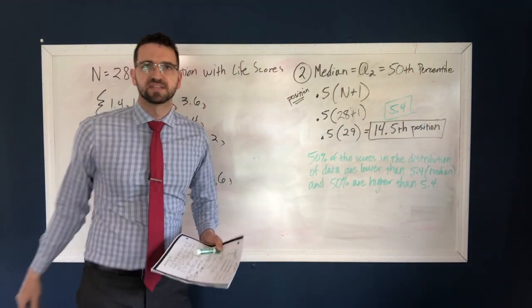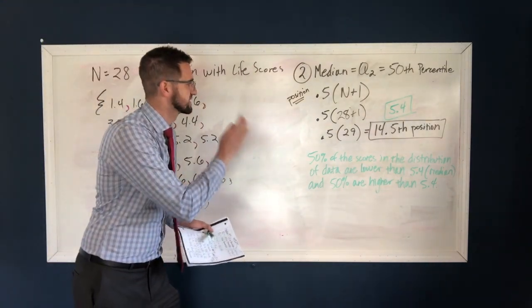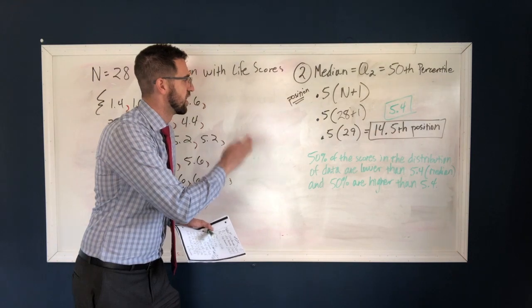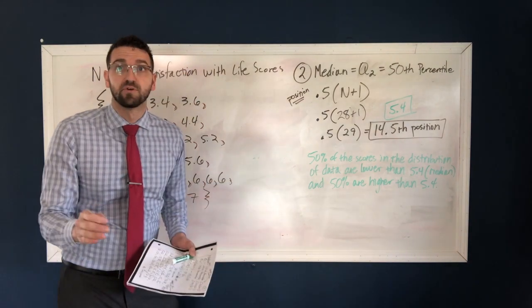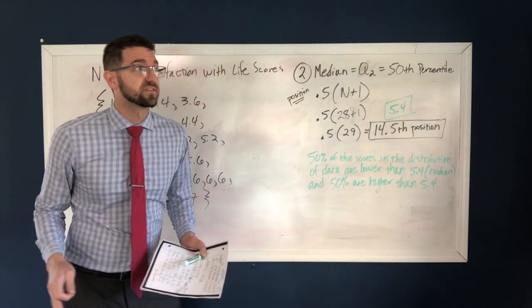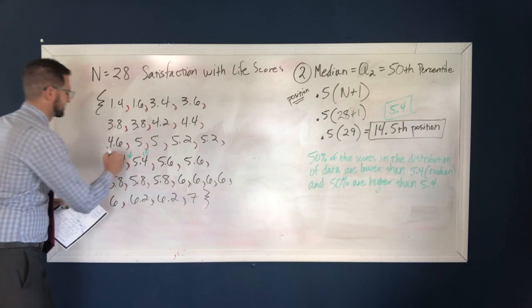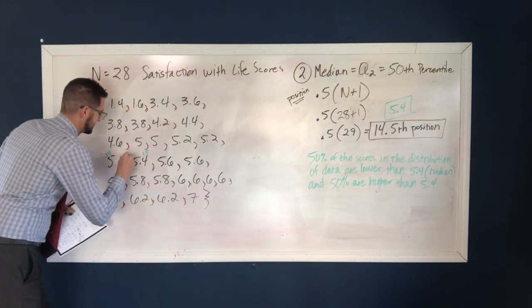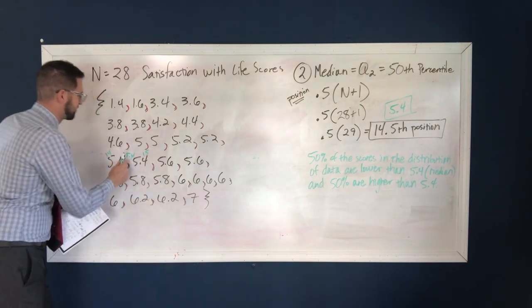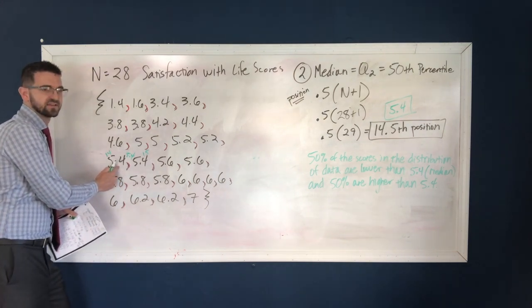So here's your interpretation for median. 50% of the scores in the distribution of data are lower than 5.4, which is the median, and 50% are higher than 5.4.